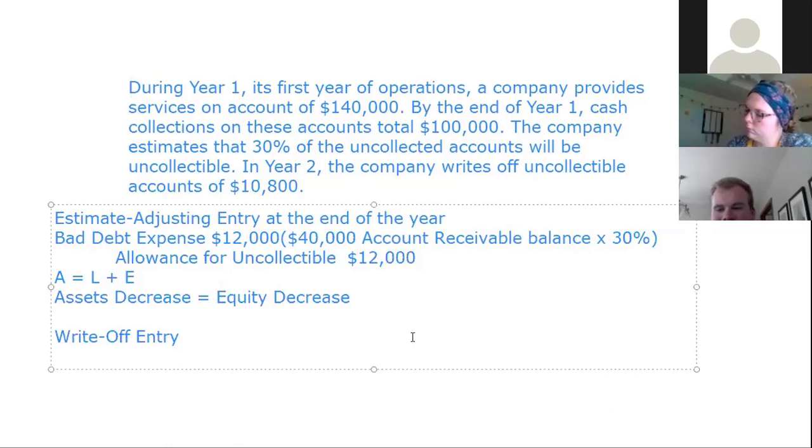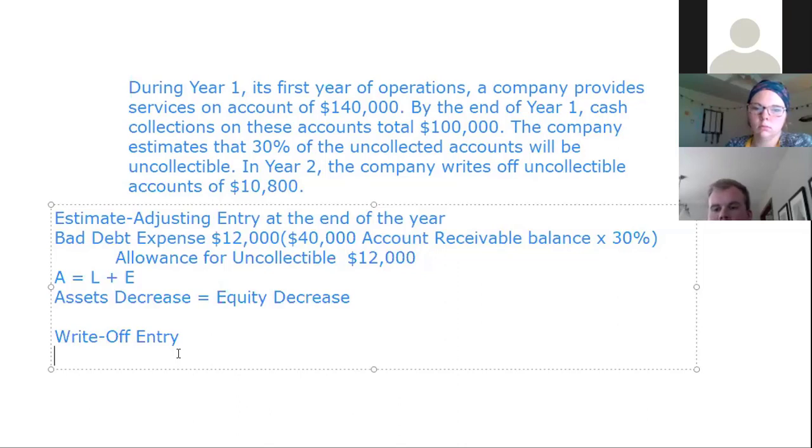But let's say Austin was sniffing too many markers and he got thrown in jail for that. So when he goes to jail, I get a letter that says Austin is bankrupt and he can never pay you the money that he owes you, okay? When that happens, I am actually going to write it off of my records. I'm going to take his balance owed to me off my accounts.